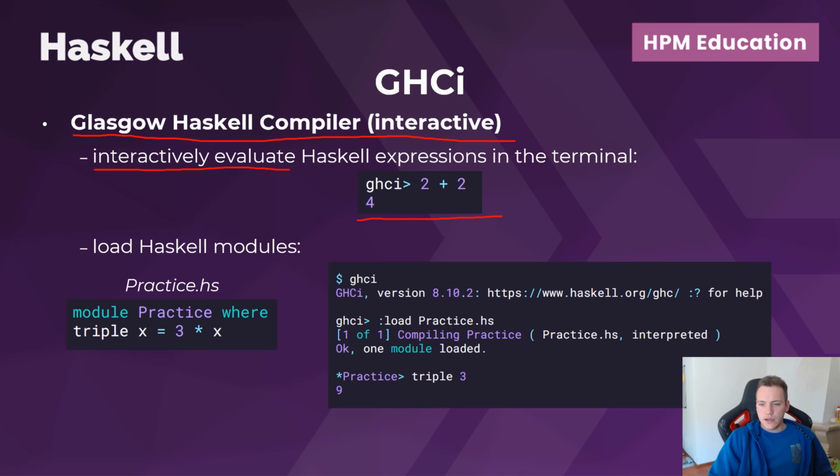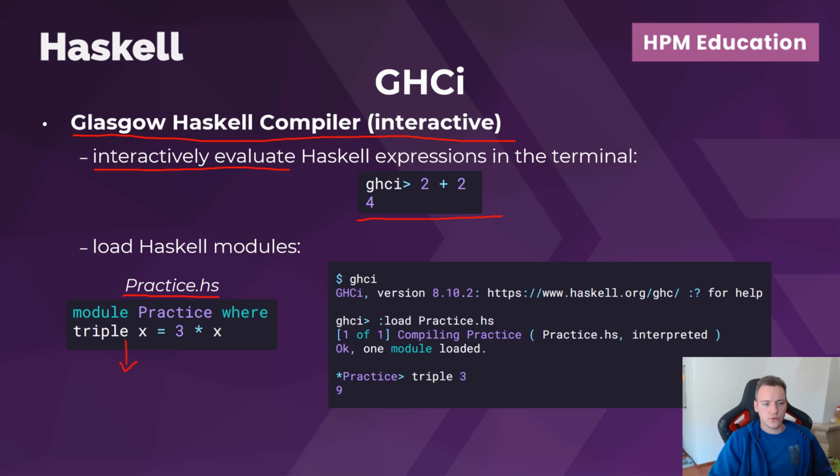So GHCi supports a lot of things, and one of them is loading Haskell modules that we talked about in the previous slide. If we have a module here called practice, and in this case we are omitting the module interface, so everything that we would write here would be automatically exported by the module because there is no interface.